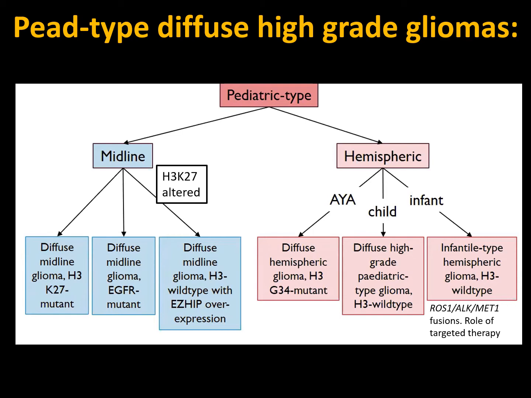Now these respond well to the targeted therapy, and the commonly found fusions in these tumors involve ROS1, MET and ALK, and they also show derangements in the tyrosine receptor kinase pathways.